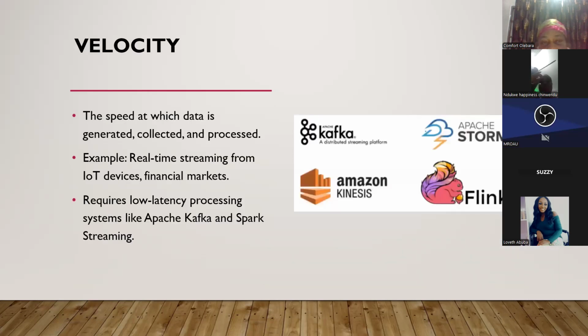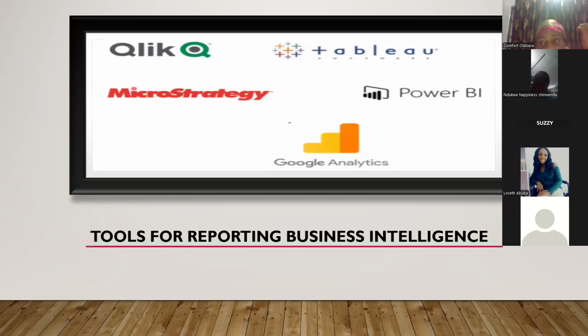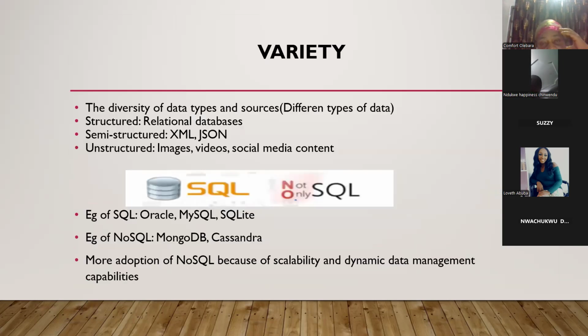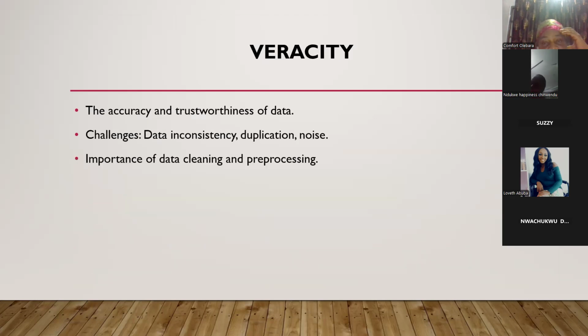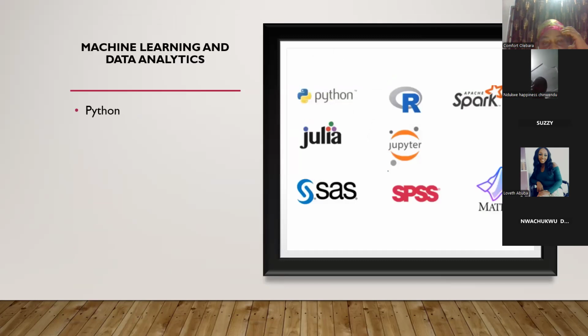We talked about the three V's, which we eventually extended to five V's: velocity, volume, and we added value and variety, and veracity also.